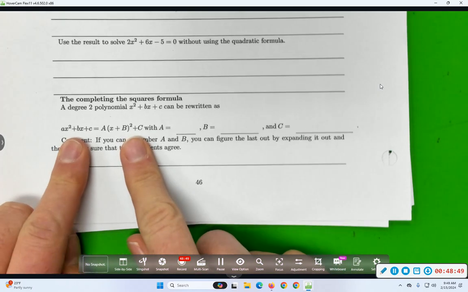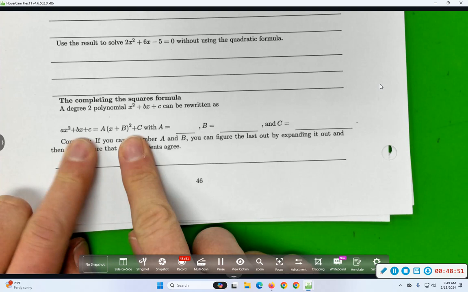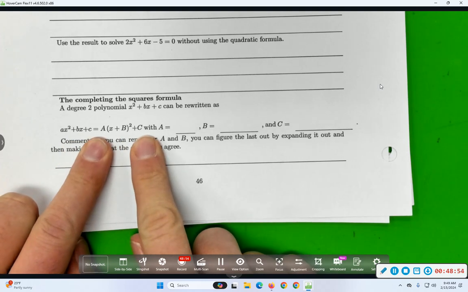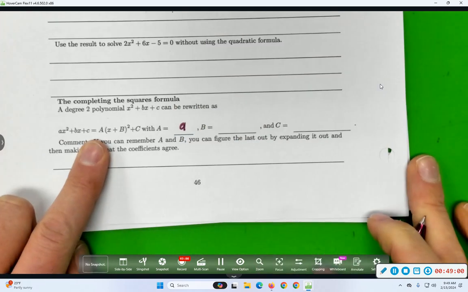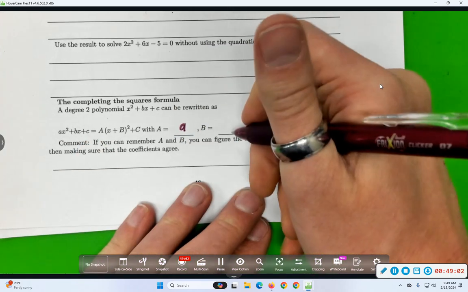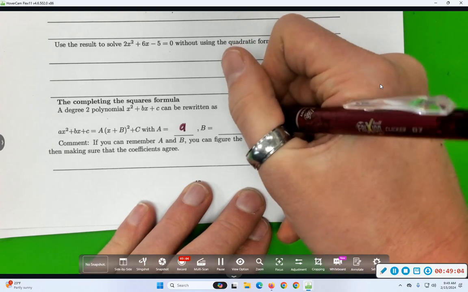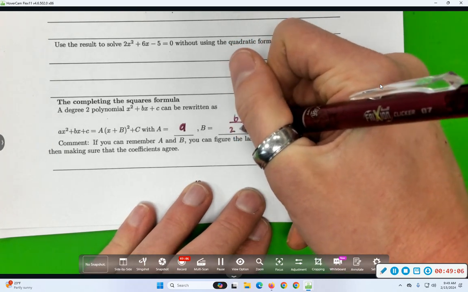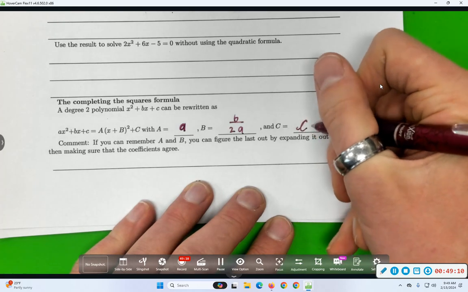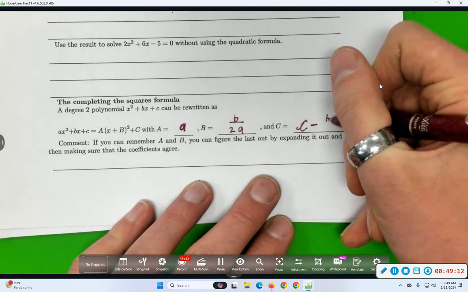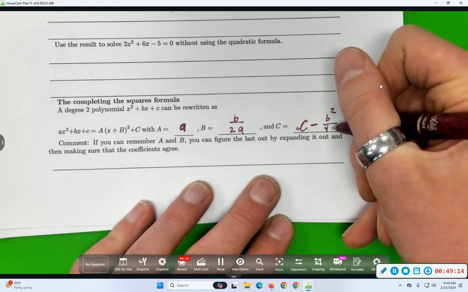Whenever you see ax squared plus bx plus c, you can rewrite that as capital A, x plus capital B squared plus capital C, with big A equal to little a, big B equal to little b over 2a, and big C equal to little c minus b squared over 4a.